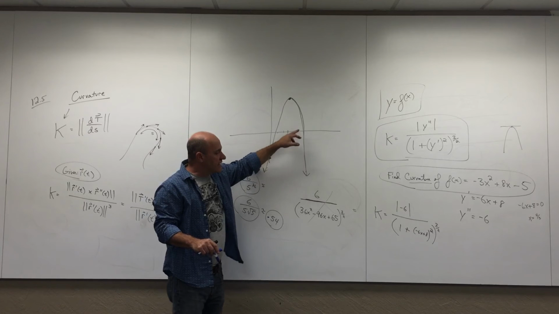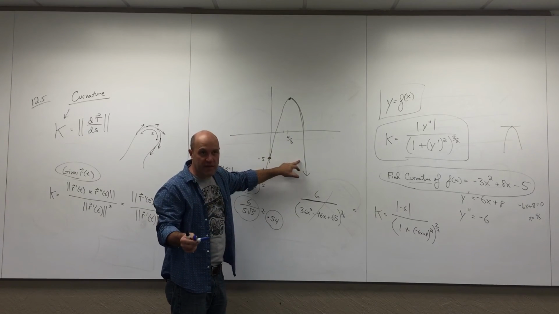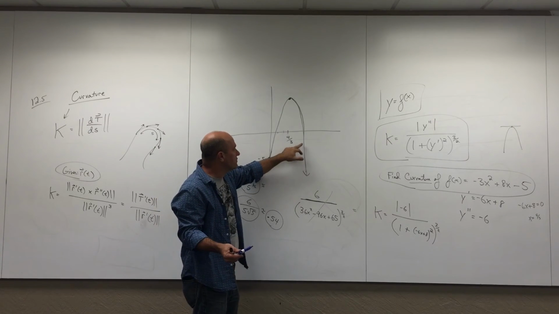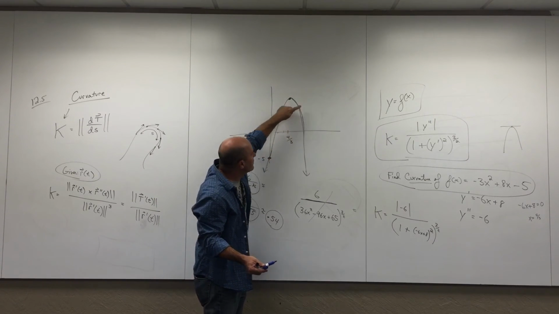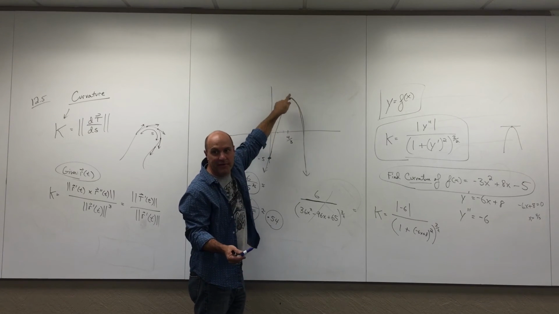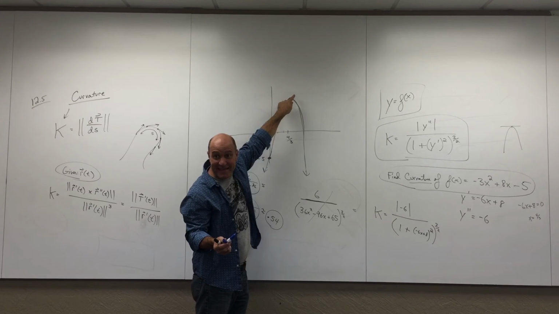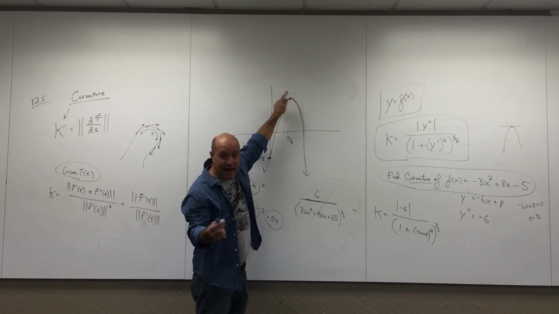It looks like a line, so it's not very curvy. It hardly has any curvature. It only starts to have a little curvature up here, and I think it has its most curvature right up there at the peak. But I didn't ask for that.